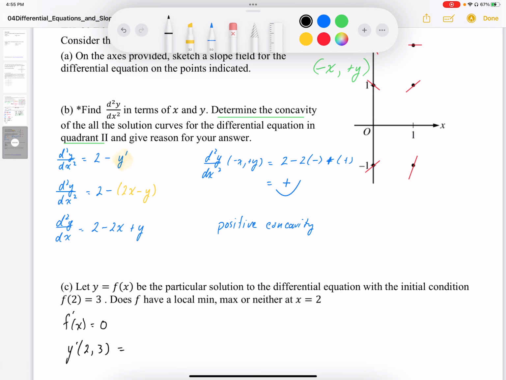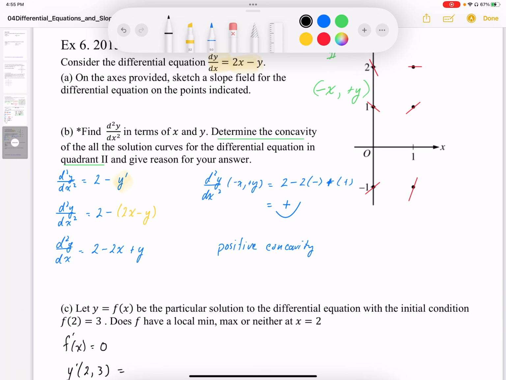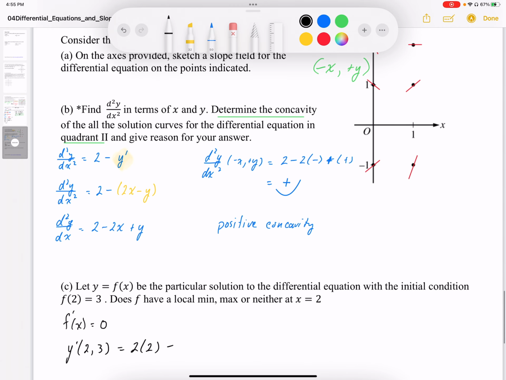Well, we can substitute into our original dy/dx equation, and we end up with 2 times x, which is 2, minus y, which is 3. Okay, just highlighting that. This 2 and 3 are what we're plugging into the equation.